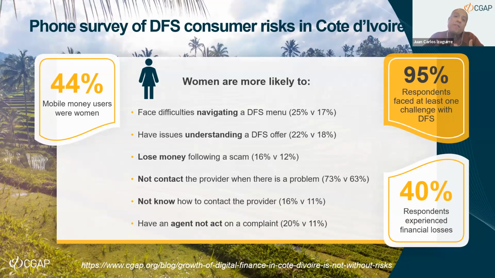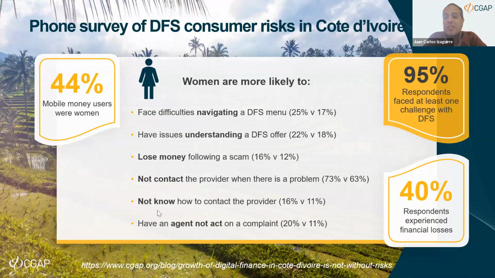But also, when women face problems, they are more likely to not contact the provider, or not know how to contact a provider when facing a problem. And also, when contacting an agent, women are more likely to see that the agent would not act on a complaint raised by a woman.